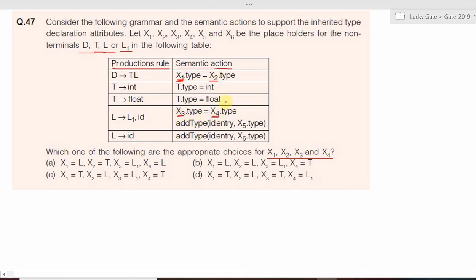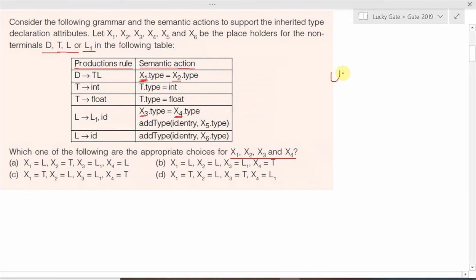And actually this is a question directly from the textbook of Compiler Design by Ullman, second edition. On page number 315 you can see this example, and actually these are the production rules mentioned for the declaration of the statements, means declaration of the variables.